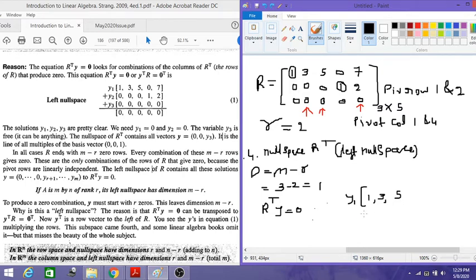Let me write in this form itself so that you can understand. Now it is y1 into, we take another variable, we don't take the x, so x is for the normal form, and for this we'll take y as the unknowns.